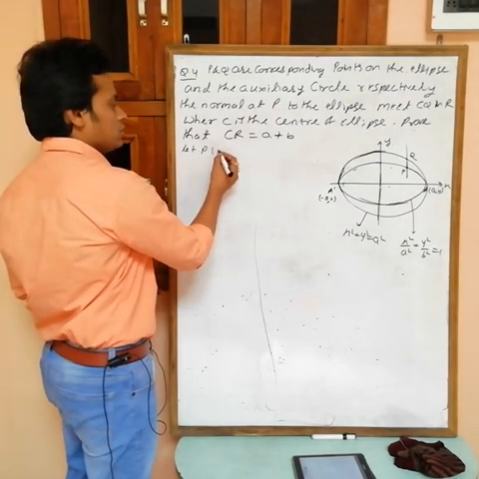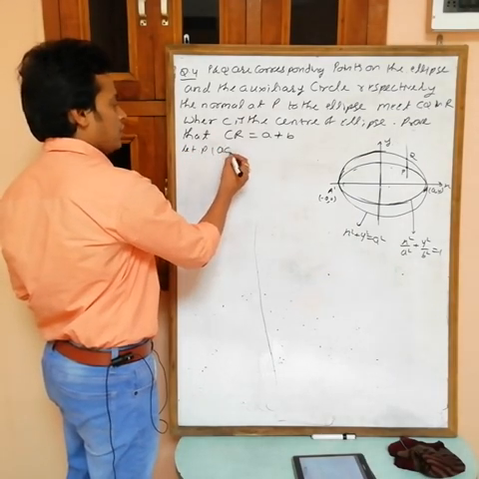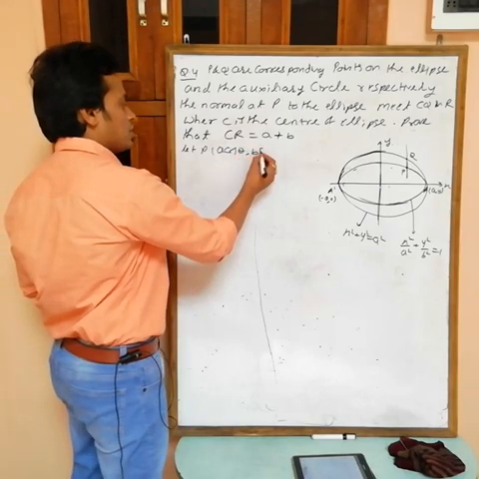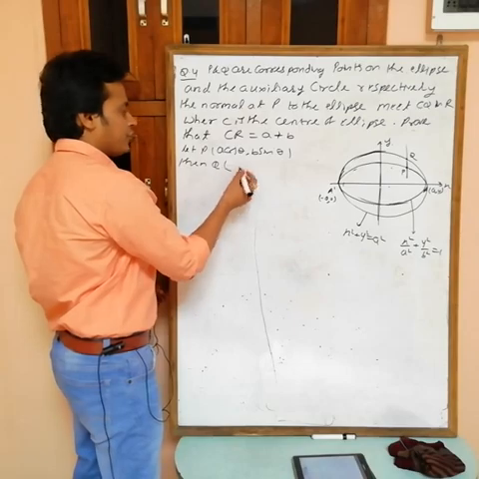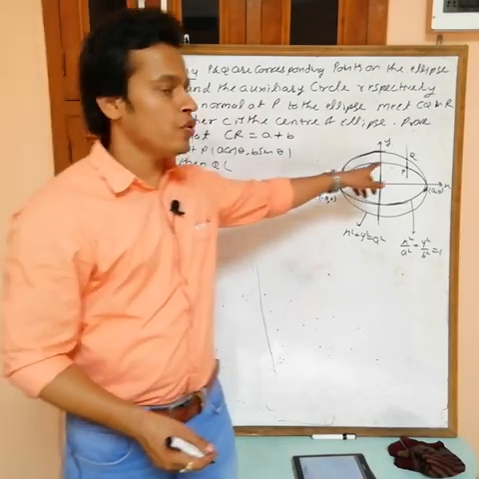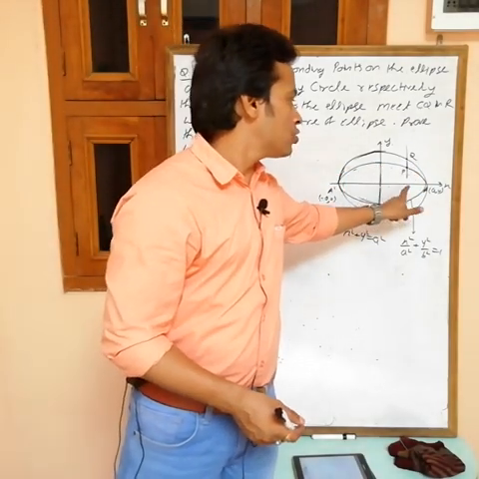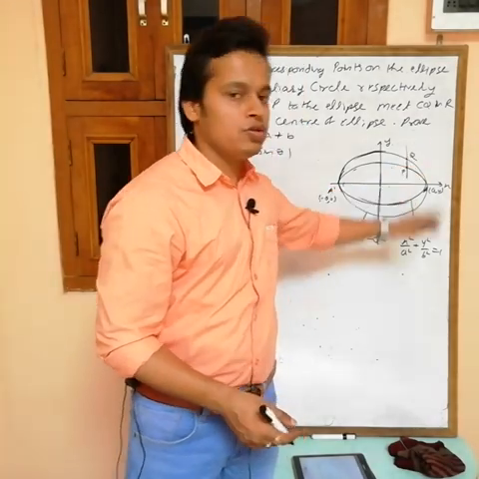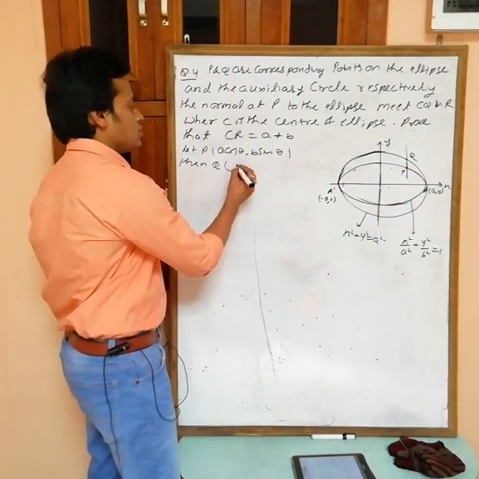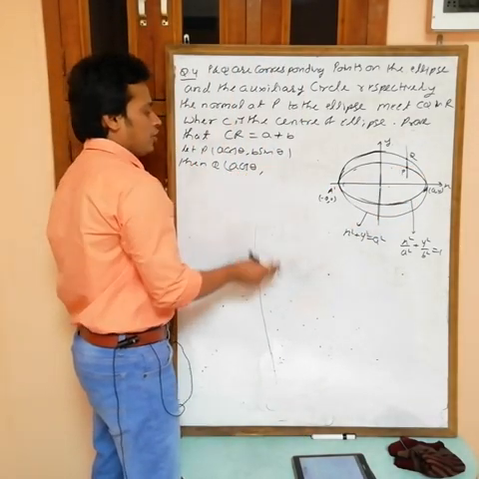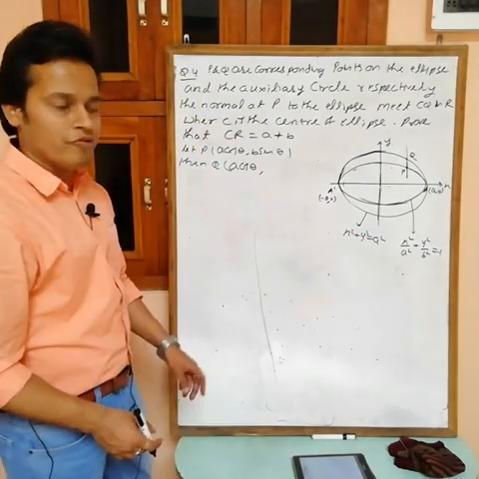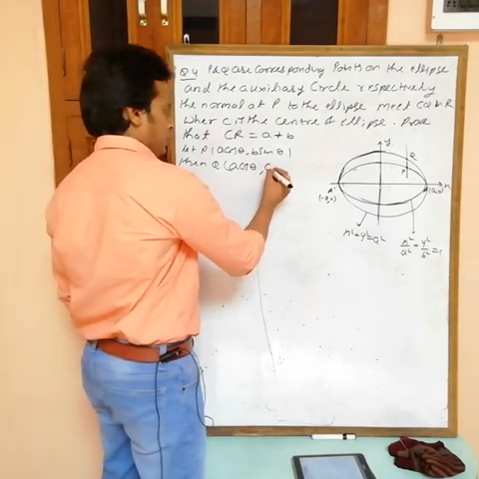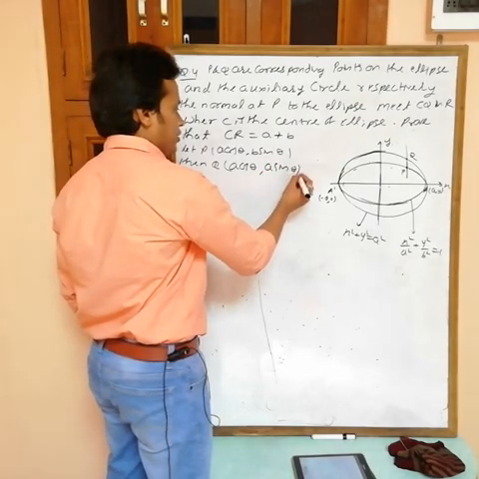Let P be a general point of the ellipse, a cos theta comma b sin theta. Then Q is, one thing is clear, the x coordinate is the same for both. So x is a cos theta. If you put x equals a cos theta in the equation of the auxiliary circle, you will get y equals a sin theta.